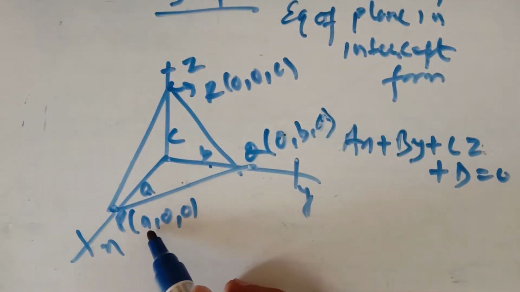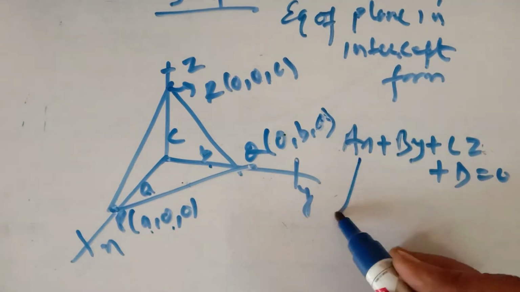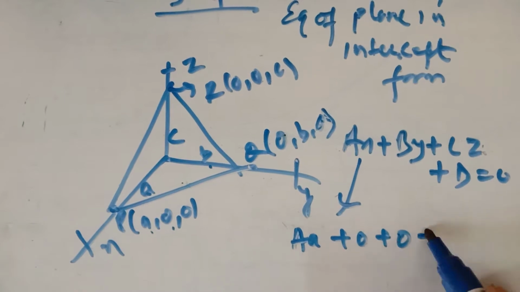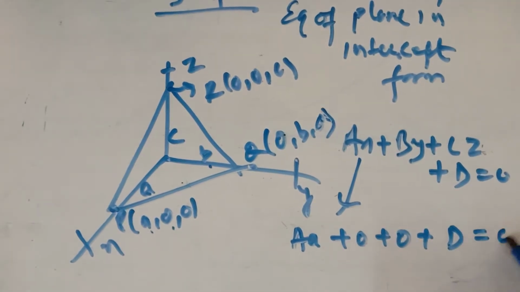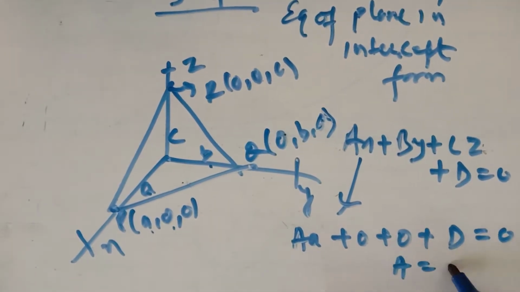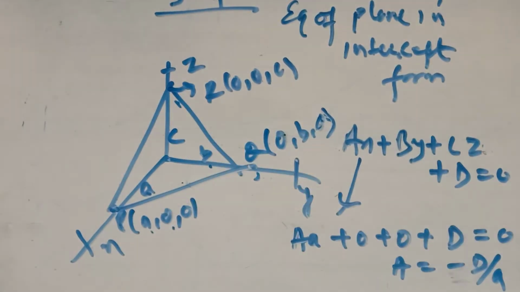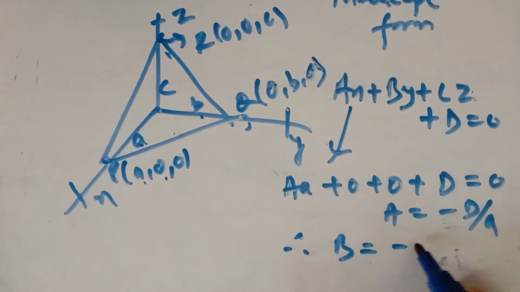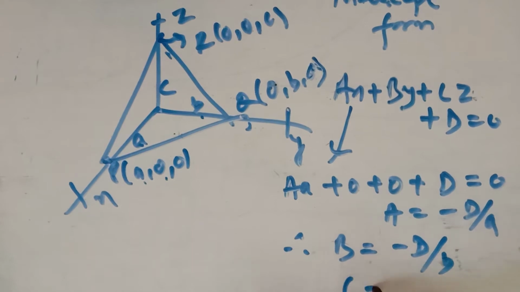Putting the point (a, 0, 0) in it, you get A times a plus 0 plus D equal to 0, so A is equal to minus D upon a. Similarly, the other two points satisfy the equation, and you get B as minus D upon b and C as minus D upon c. These are the values of capital A, capital B and capital C.